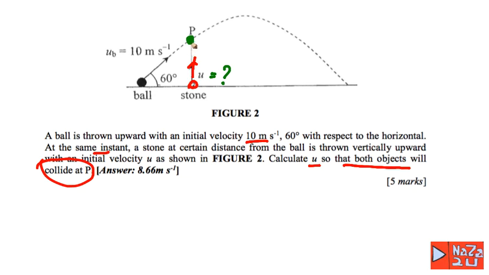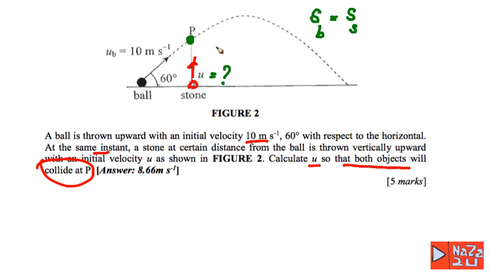So the stone and the ball collide at point P, meaning the distance, or displacement, of the ball and the stone have the same value, with the same time t.